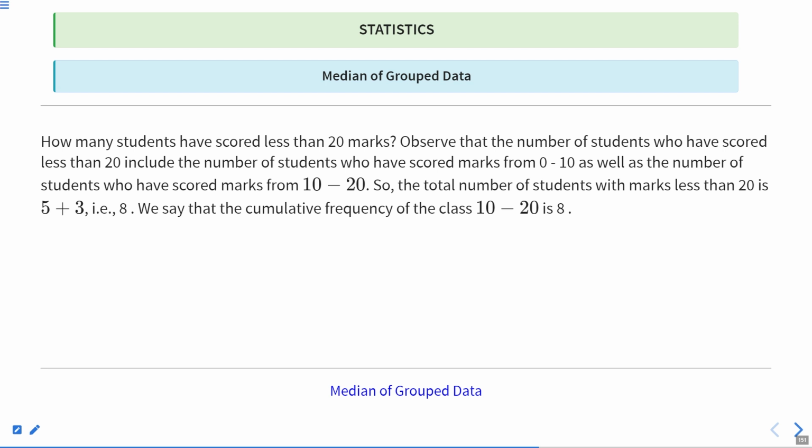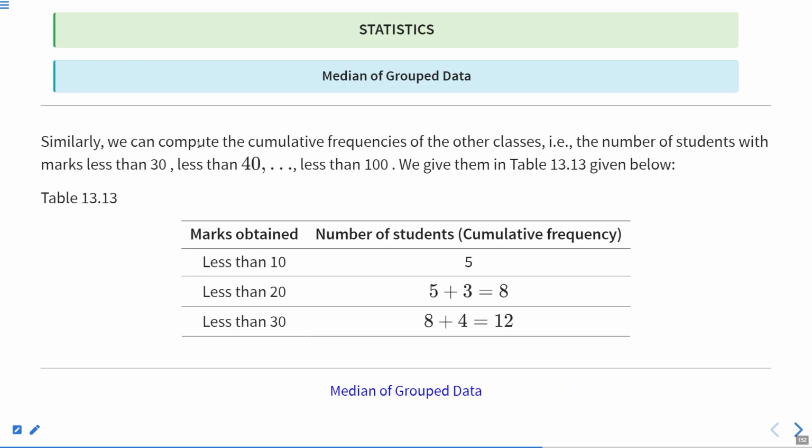So we say that the cumulative frequency of the class 10 to 20 is 8. Similarly, we can compute the cumulative frequencies of the other classes, that is the number of students with marks less than 30, less than 40, up to less than 100, and we give them in table 13.13 given below.